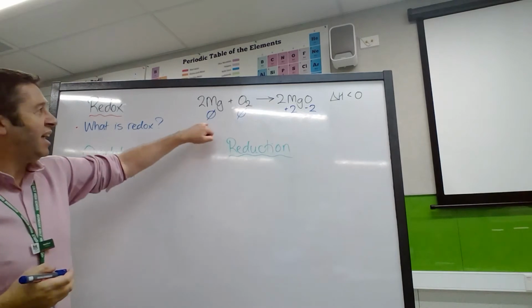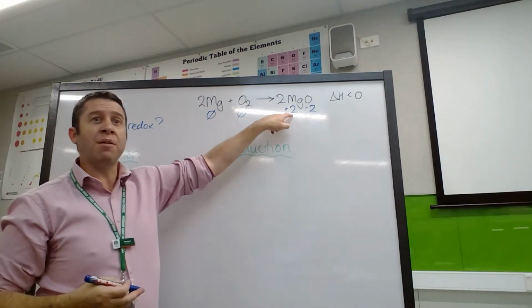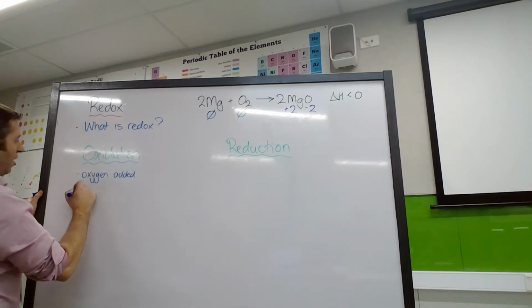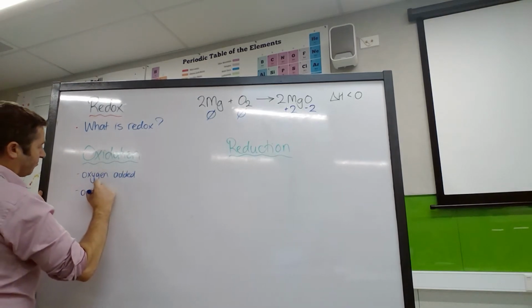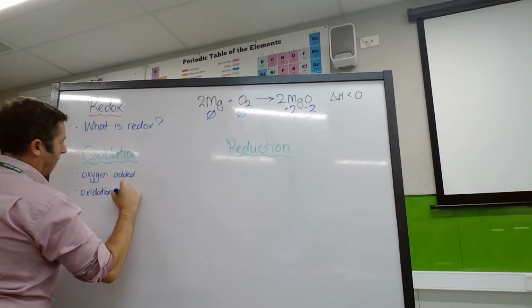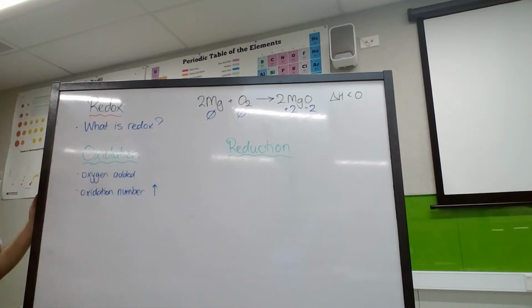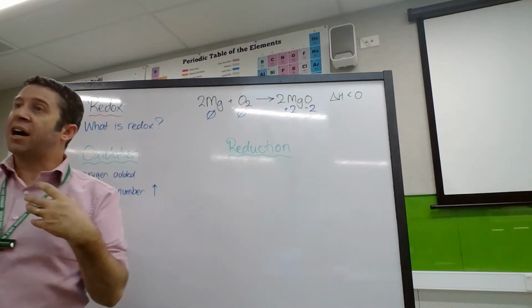We notice that magnesium has gone up in oxidation number, and this is another way that we know that oxidation has occurred. The oxidation number goes up. And the last way that we know is what's happening to the magnesium at a particle level.